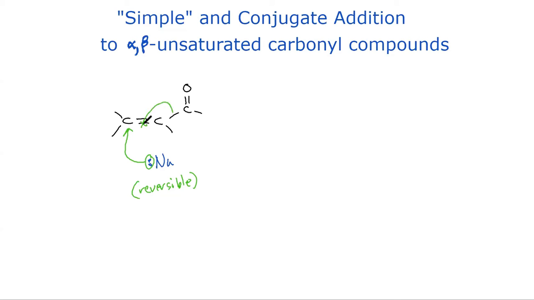We'll move this pi bond over, and we'll break that carbon-oxygen bond, which will give us our nucleophile attached to the beta carbon, and moves our alkene over to between the alpha carbon and the former carbonyl carbon, and makes a negative charge on the carbonyl carbon.